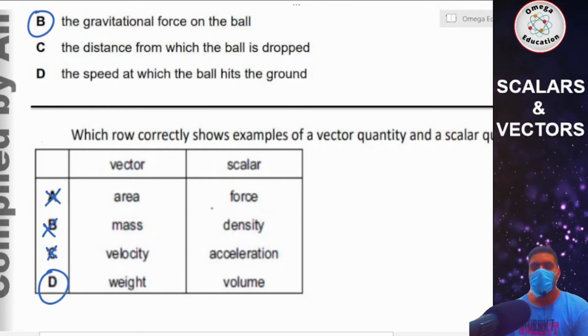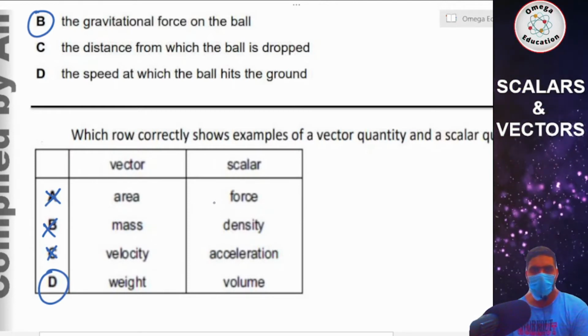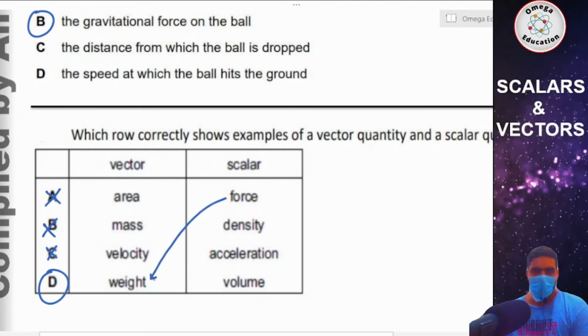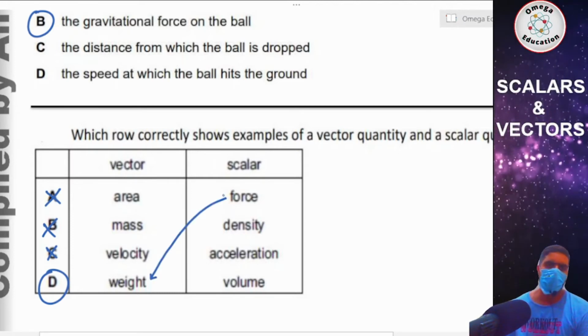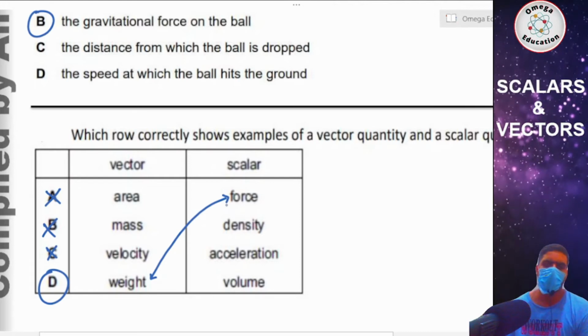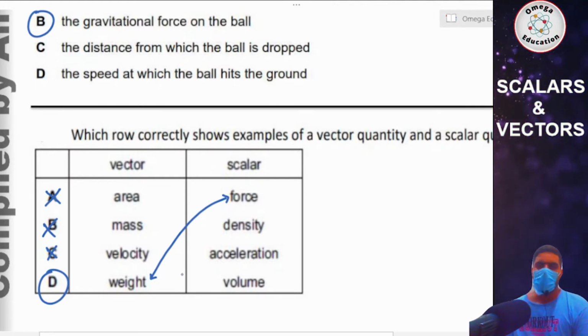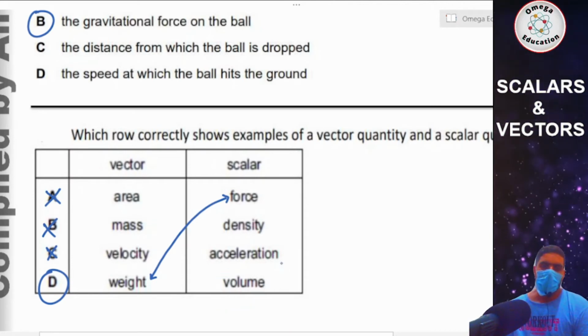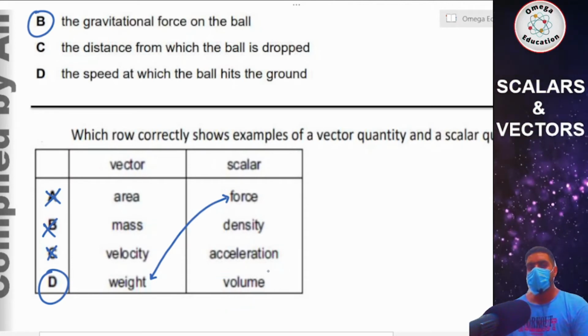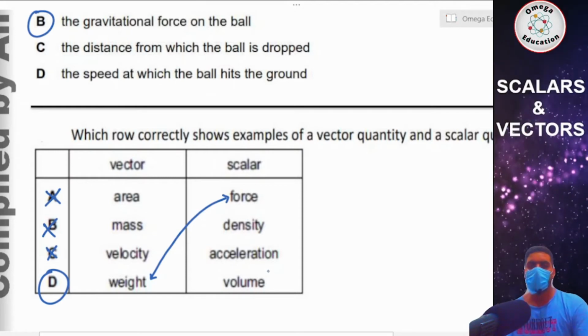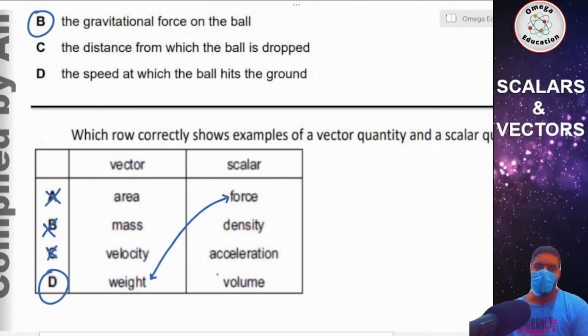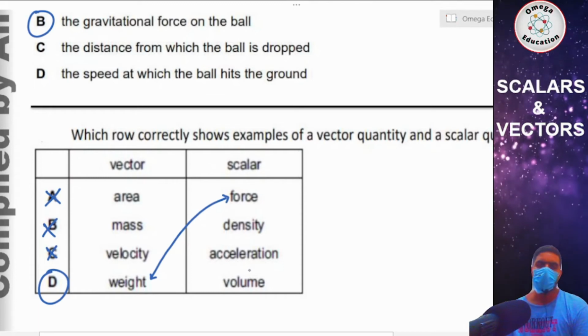Basically, you'll learn in the upcoming chapters that weight is a special kind of force. So weight is nothing but a force. Both are measured in the same unit, which is Newton. But volume, like I mentioned explicitly in the scalar section in the examples, because they keep asking about volume and surface area.